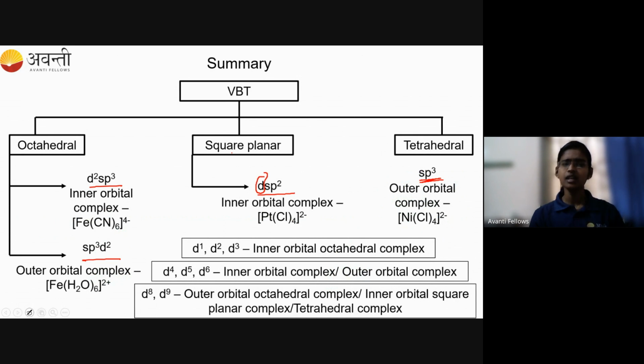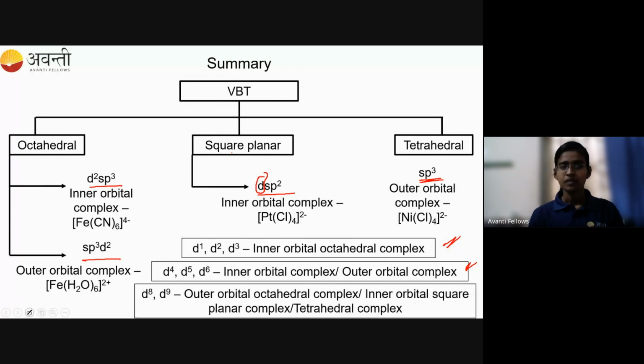And generally, all the d1, d2, d3 electron containing systems will always form inner orbital octahedral complexes. Okay, just take a note of it or a screenshot of this. d4, d5, d6 may form inner orbital in some cases, and in some cases they will form outer orbital.